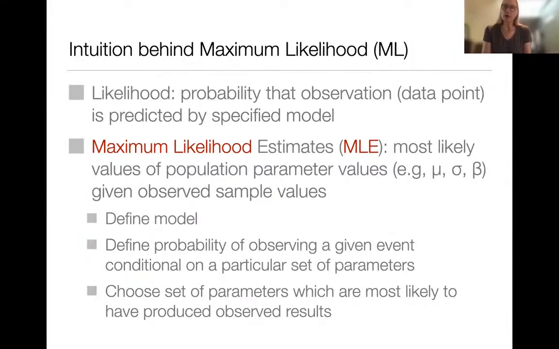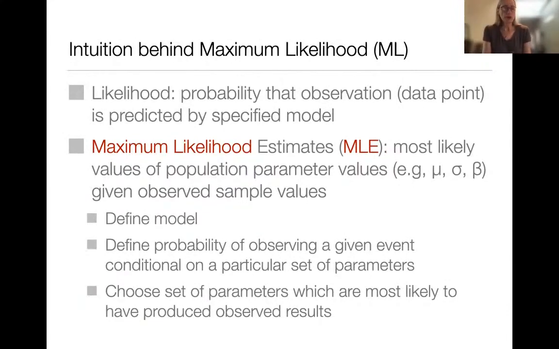But just as a quick refresher, likelihood is the probability that an observation or a data point is predicted by a specified model, which is basically what we're doing here. So what we're doing is trying to estimate by maximum likelihood the best values for the parameters in the model. In this case, for a saturated model, the mean, the variances, and the covariances, and possibly some covariates as well.